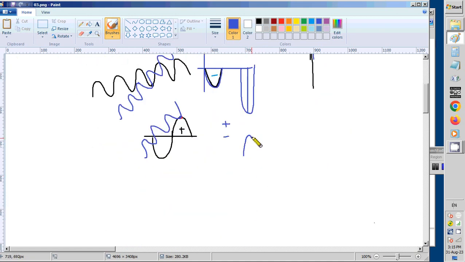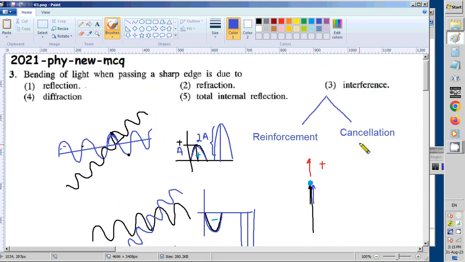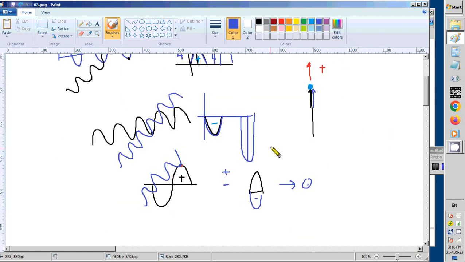The black wave is positive and the green wave is negative, so the resultant is 0. Therefore we say cancellation for that case.